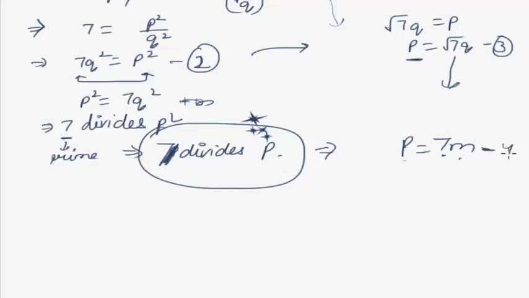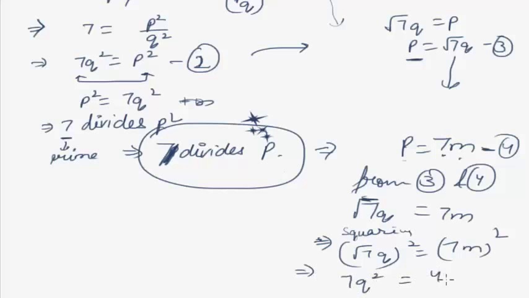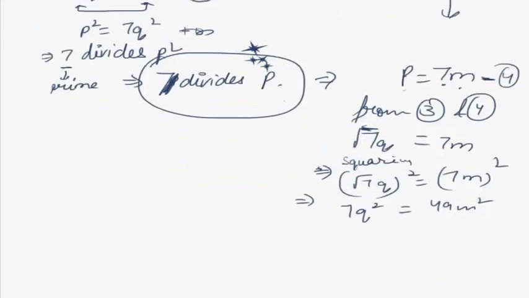So from these equations 3 and 4, root 7 q equals 7m. Again, let us square this equation. We will get root 7 q whole square equals 7m whole square. That is, 7q square equals 49m square, or q square equals 7m square on taking 7 common.